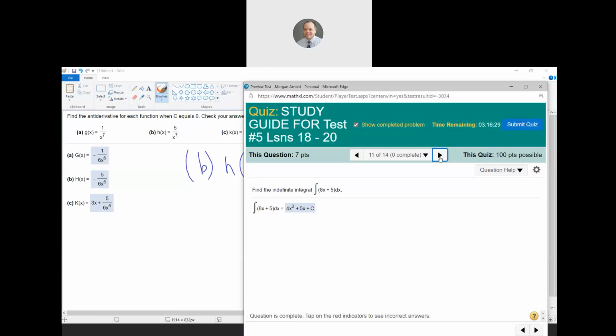Question 11, if you see one like this on test 5, you can write down a wrong answer or skip it altogether. I haven't talked about indefinite integrals as of the time I'm making this video. Same thing with 12.